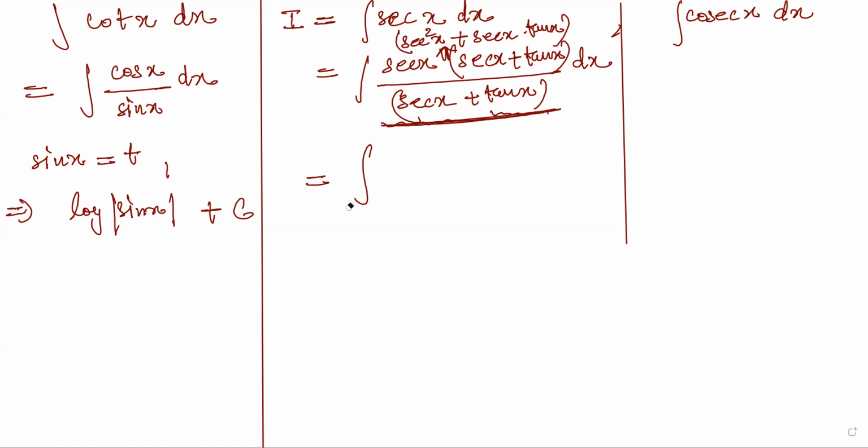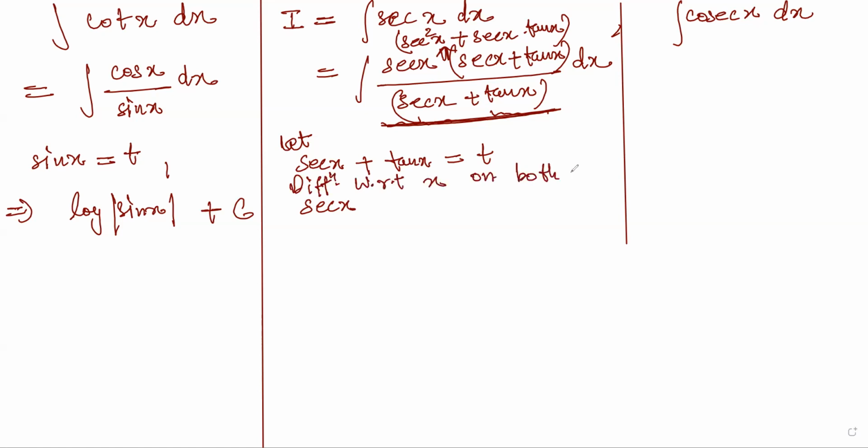So if you substitute sec x plus tan x as t, differentiating with respect to x on both sides, sec x tan x, which is the differentiation of sec x, plus the differentiation of tan x, sec square x, into dx is equal to dt.